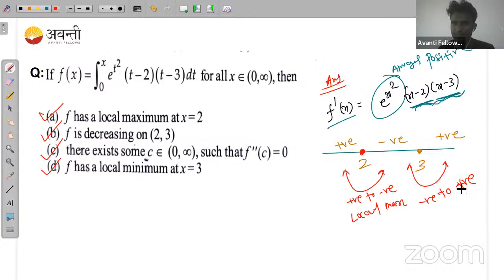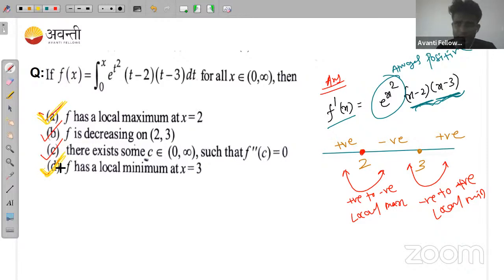If f dash x changes its sign from negative to positive, it is a local minimum. Yes or no? So from here I can directly say that f of x has a local minimum. This is a correct statement: f of x has a local maximum at x equal to 2, and f of x has a local minimum at x equal to 3.